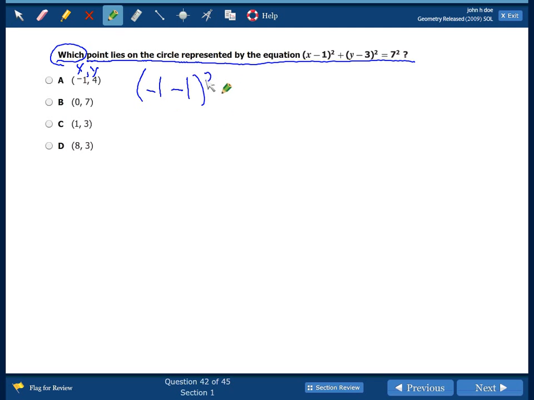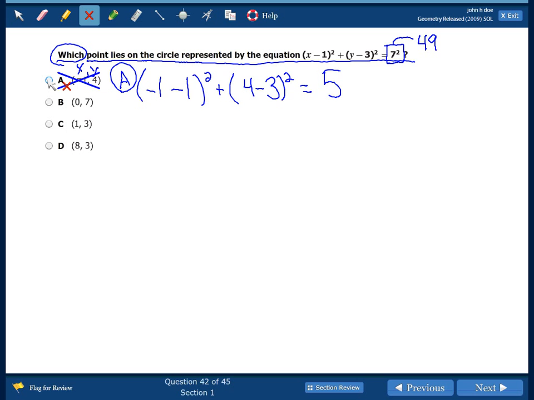Negative 1 minus 1 squared, so this is letter A, plus 4 minus 3 squared. What does that equal? So whenever we type it into the calculator, we get 5. We didn't get 7 squared, which is 49. So we have to get something that comes out as 49, so A is not the right answer.